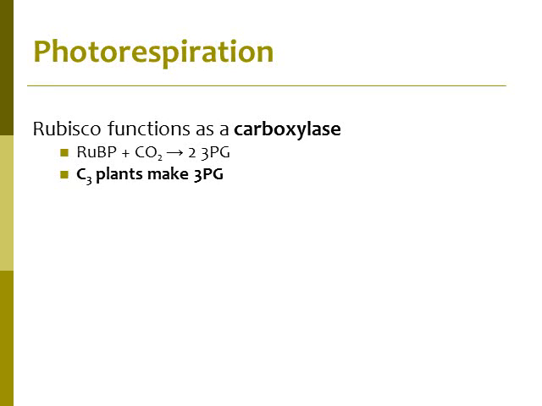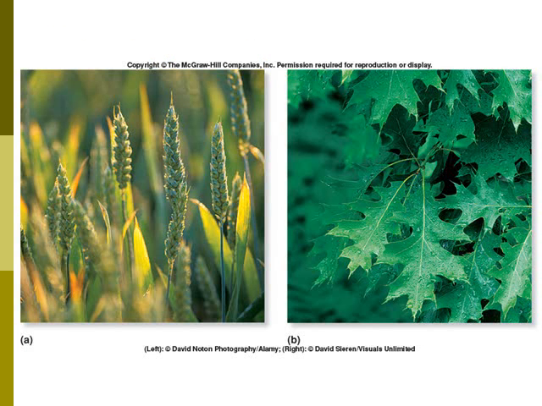We have a 6-carbon molecule that gets split in half, and we create 2 three-carbon molecules. These are called C3 plants because they make this 3-carbon molecule during carbon fixation. Most plants, about 90%, use this C3 Calvin cycle: plants in moderate temperature, moderate rainfall, moderate light intensity.